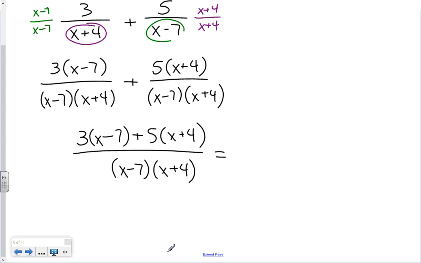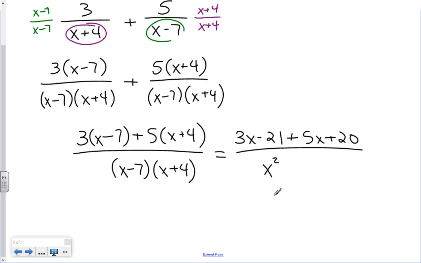In the numerator, I've got 3x minus 21 in that first product. And in the second part, I've got 5x plus 20. In fact, I think I'm going to go ahead and multiply the denominators together here, the two factors that I've got there. So that's x squared. You'll have a plus 4x and then a minus 7x, so that's a minus 3x, and then a minus 28.